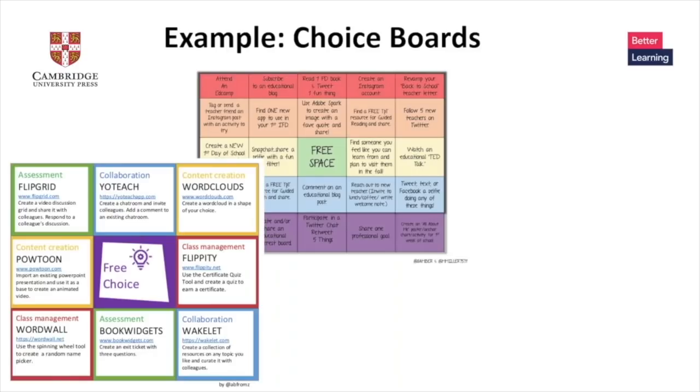Sometimes we see tic-tac-toe choice boards. And you'll see that some of these different options include Flipgrid, which is a video discussion board, or taking a quiz. So you've got different types of ways to demonstrate knowledge about the same concept.